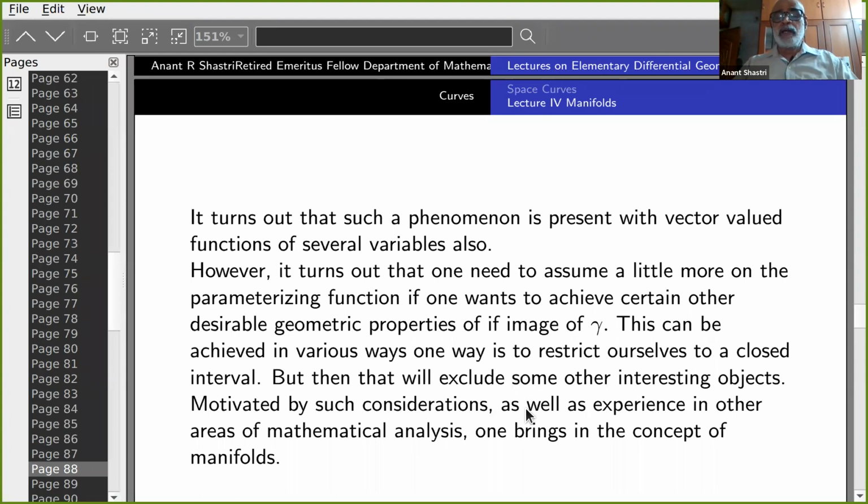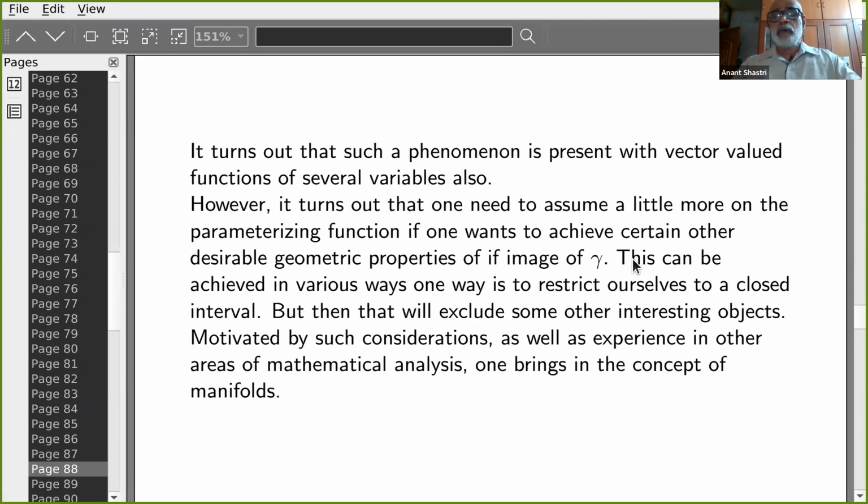Based on this kind of consideration, as well as experience in other areas of mathematics, not just the study of curves and surfaces, one brings in another concept here, namely the concept of manifolds. I hope this much is enough motivation for bringing in manifolds.